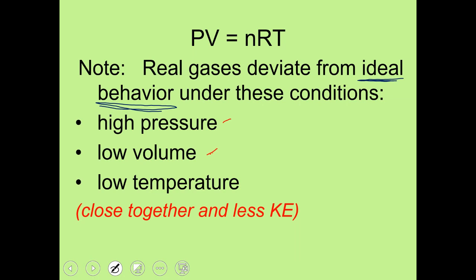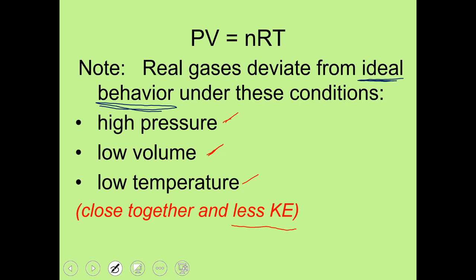But if you put them in a low volume at a really high pressure, they can start to attract each other a little bit. In the low volume, the space that the molecule itself takes up does start to affect the overall volume of the gas. And if they're at really low temperature, they're not moving very fast. Now, a lot of substances under these conditions are going to turn into a liquid.